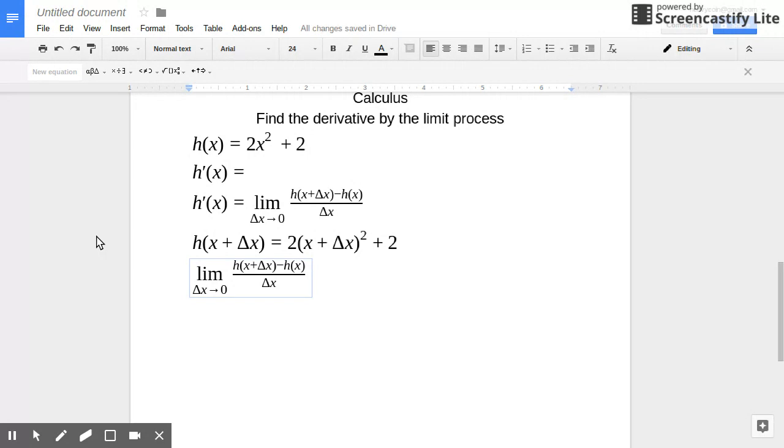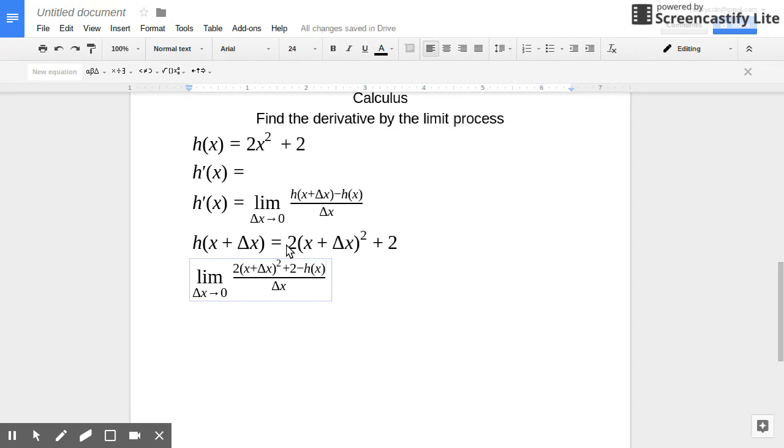All right. And I think we'll just do this. Okay, so all that gets put in for where that h of x plus delta x was at. There we go. Minus h of x.